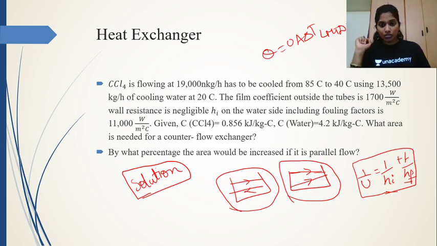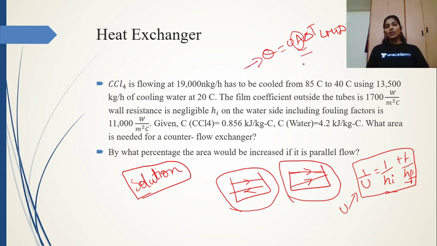So you have to include this also, and you should calculate U from this. After that, you will be getting U overall, and you have to substitute in the above formula like this one. So from this you will be getting the area. Okay, and by what percentage the area would be increased if it is a parallel flow, that is the second question.